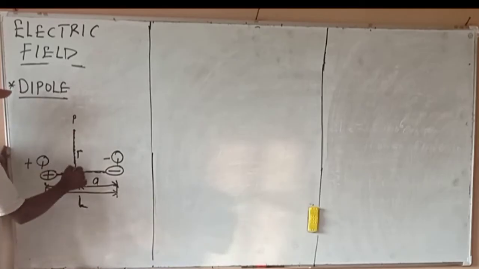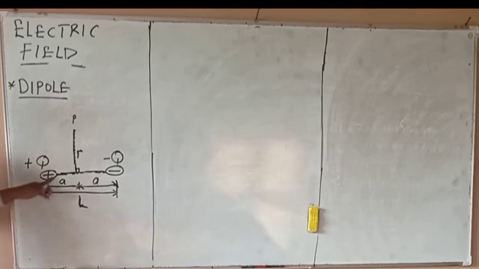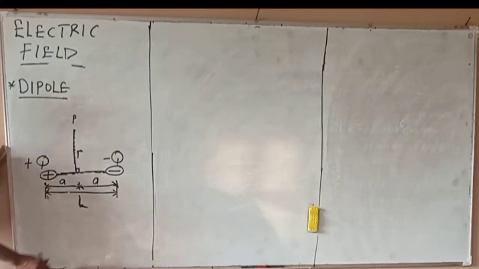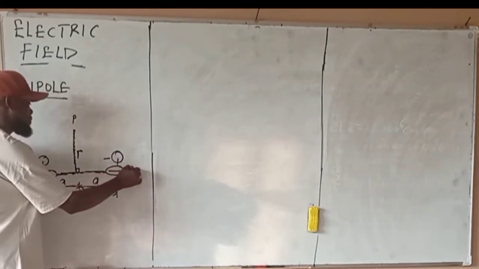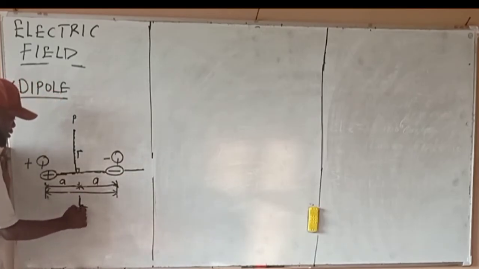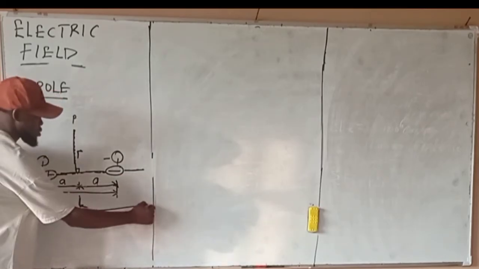This one is perpendicular to the line of action of the force between these two charges. Because distance r is the distance from their midpoint, we can also ask for the electric field at a prolonged distance, a long distance from the midpoint to this point.